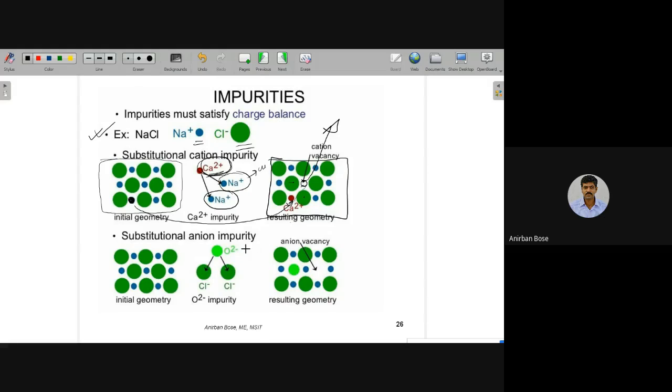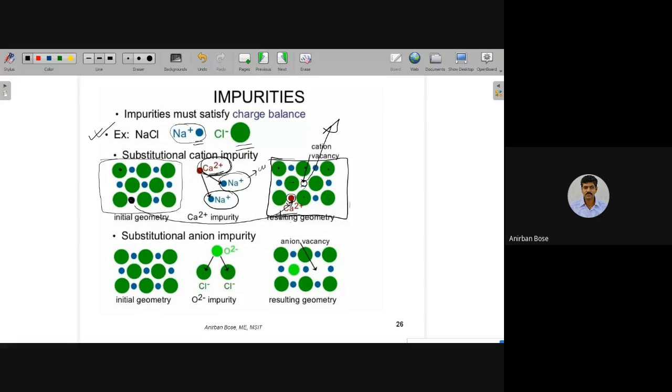So in the cation vacancy, what is actually happening is that one of the cations may be substituted by some other cation of higher valency, and that is why it is possible to remove one of the regular sodium ions out of the crystal.